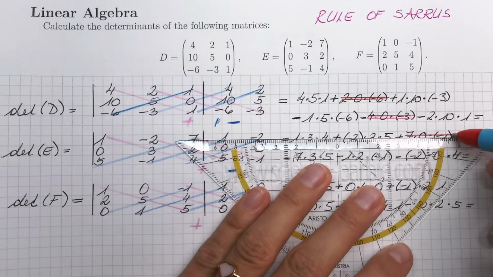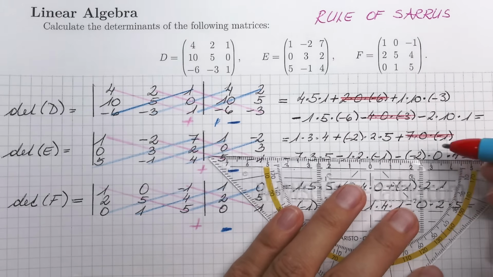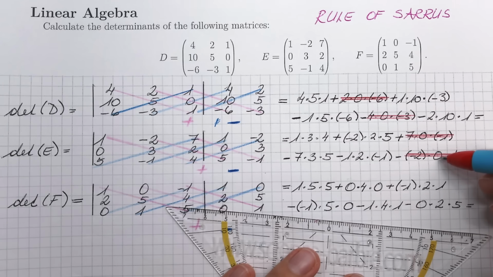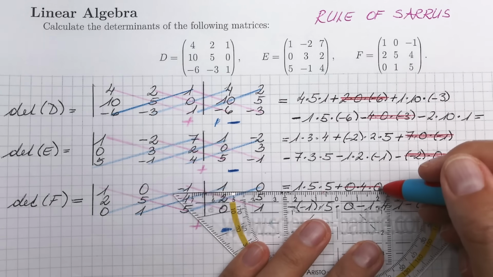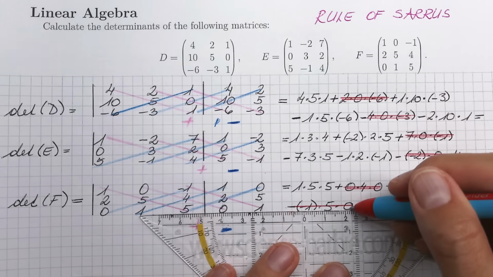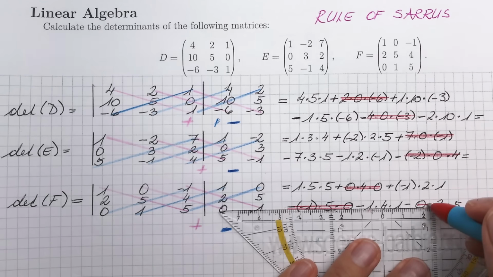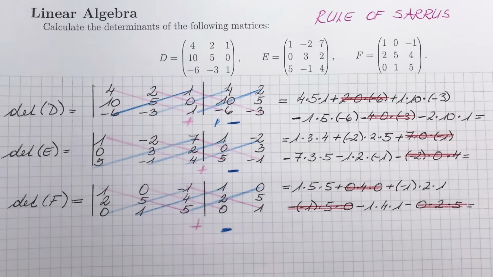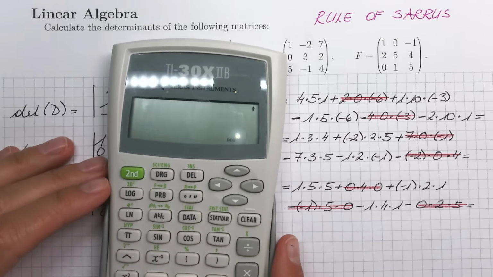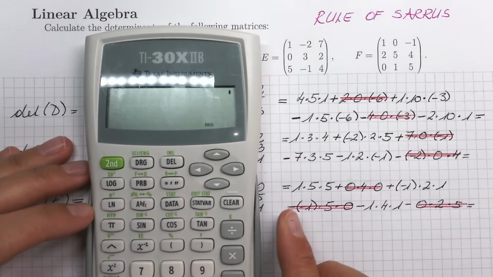Here I have the 0. I'm not going to use this one. If I multiply by 0, it's going to be 0. I'm just not going to bother about these any further. And here's 2. Okay, now just to make no mistakes, I'm going to use my calculator, even though it's a little bit embarrassing. I can live with that.